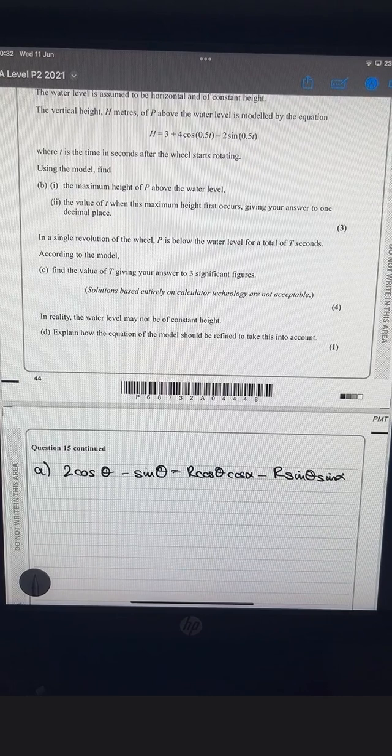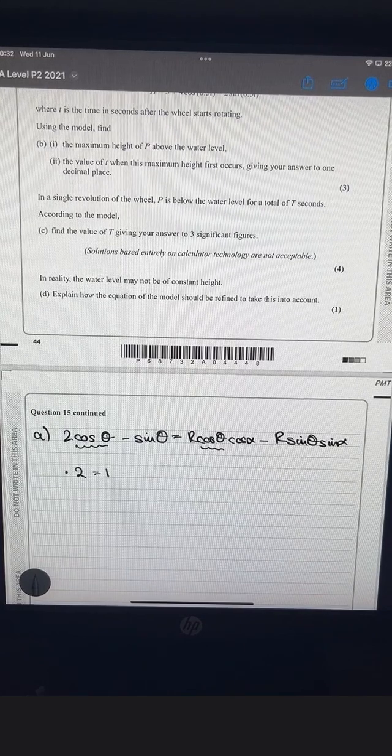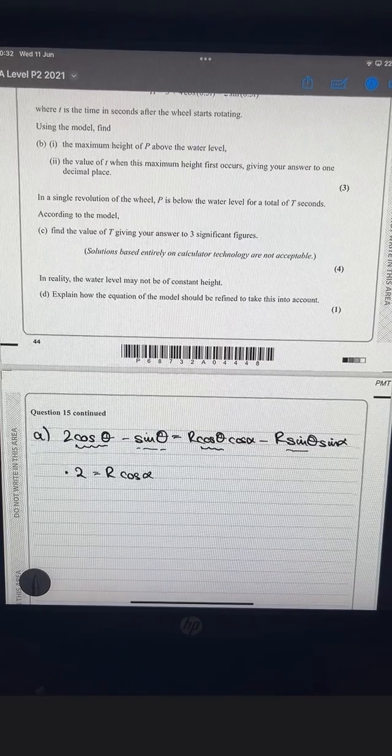So I've got my cos theta there and there's a cos theta there. So I know that 2 is equal to r cos alpha. I have my sine theta there and a sine theta there. So I know that 1 is equal to r sine alpha. I just ignored that they're both negative, so I don't need to do that.